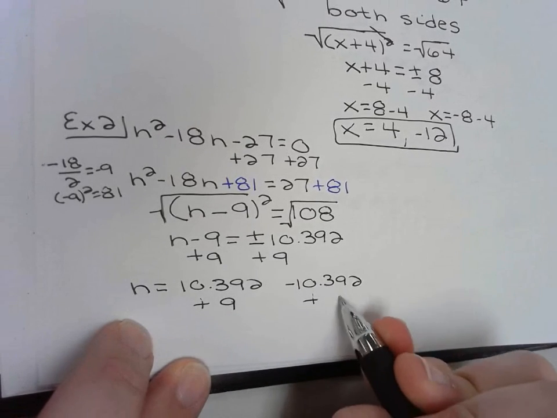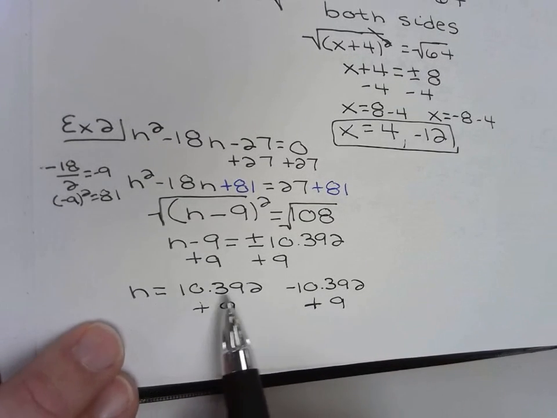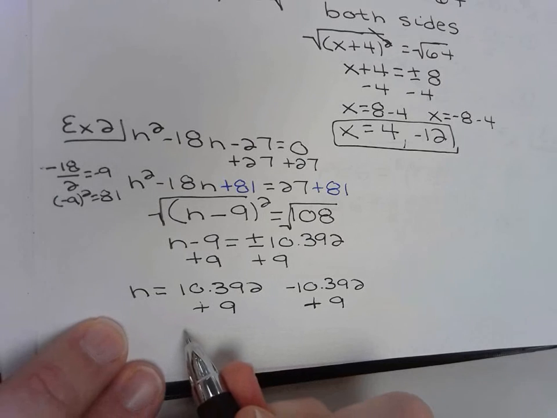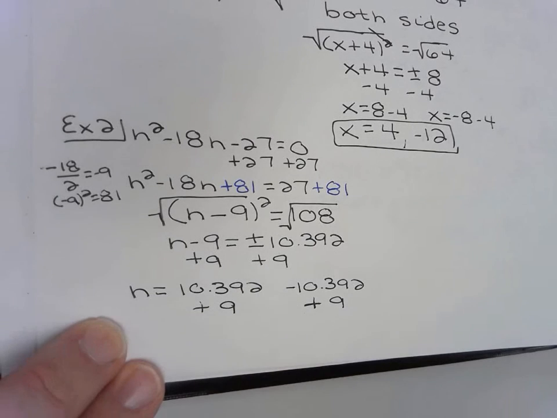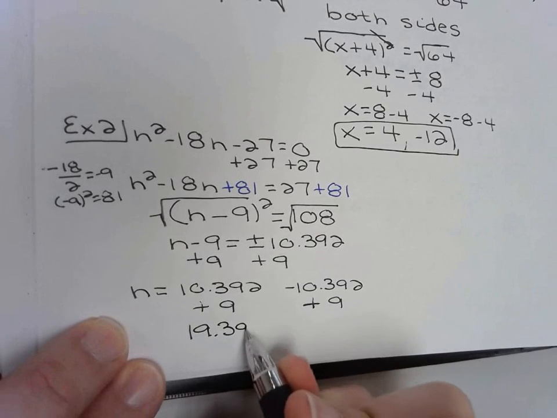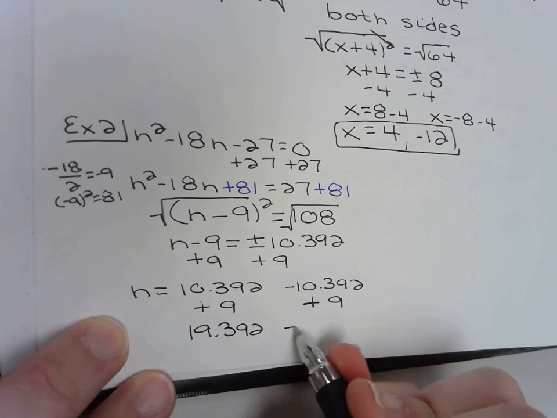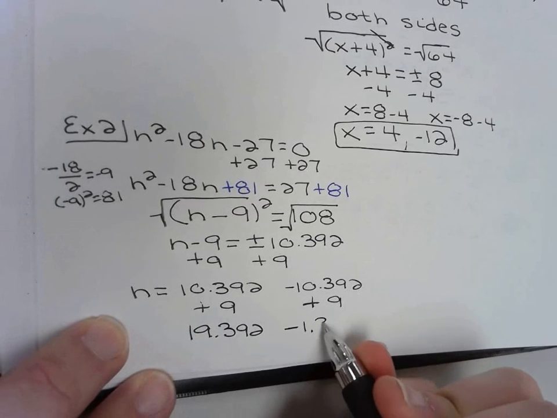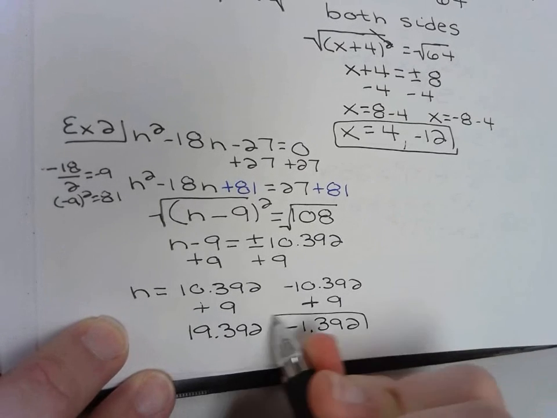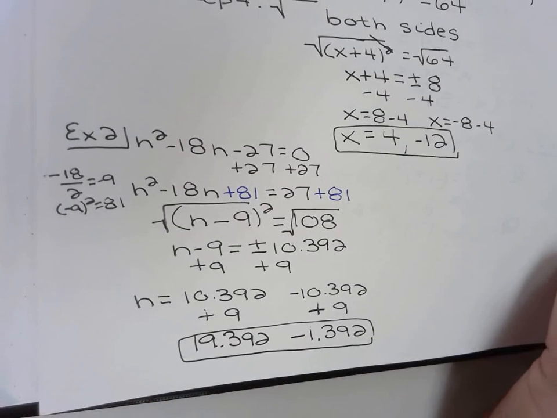Even though it looks weird because of the decimal, just plug it in your calculator. 10.392 plus 9 is 19.392, that's one answer. And negative 10.392 plus 9 is negative 1.392. And those are my two answers. So you may get a decimal, just plug it in your calculator.